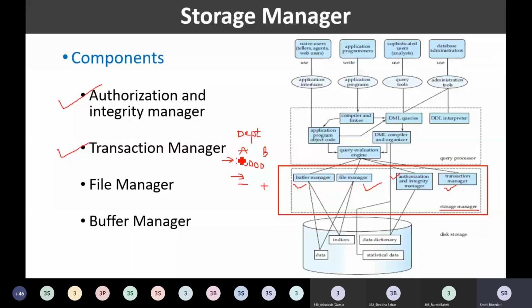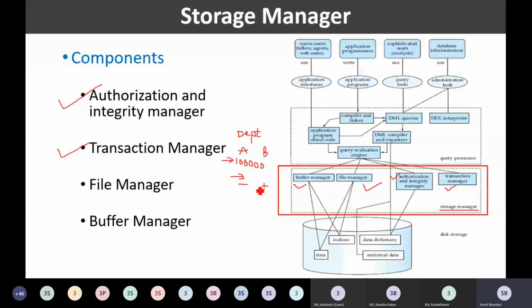If there is a failure and if I am not able to complete my transaction, then if I am not taking care of such incomplete transaction, then obviously my database system will enter into inconsistent state. And I want to protect my database system from such kinds of inconsistencies.